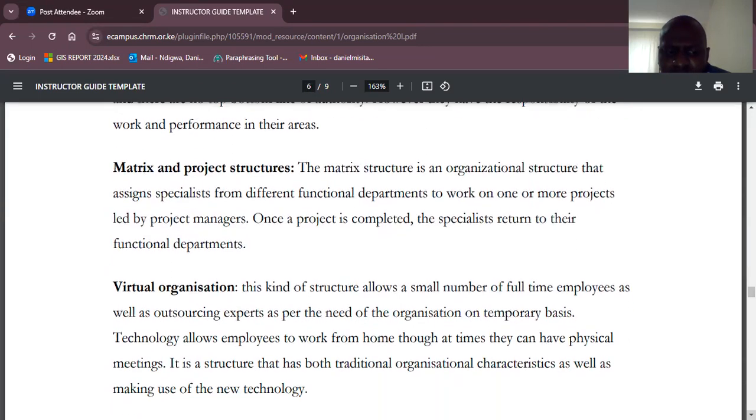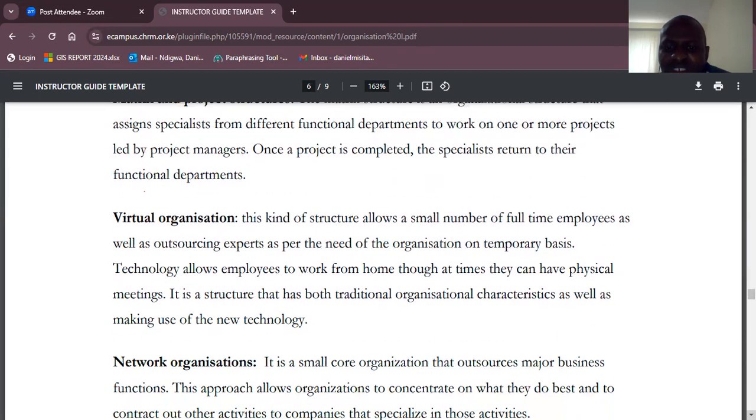Then we also have what is called a virtual organization structure. This structure allows a smaller number of full-time employees or experts to normally work on a remote basis, where you allow some employees who have access to the system to work from home, which also creates flexibility for the employees.